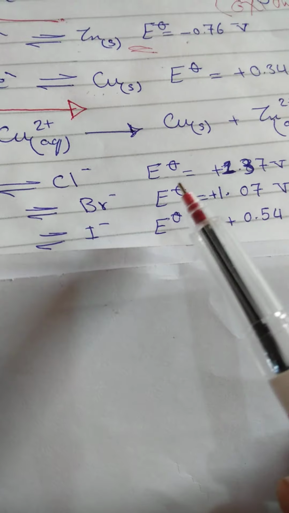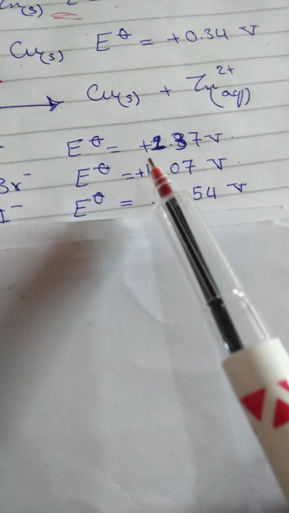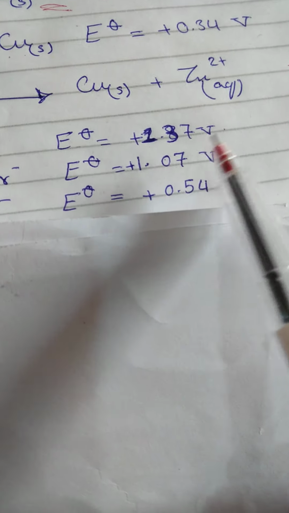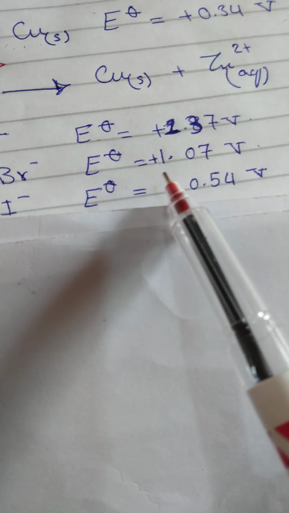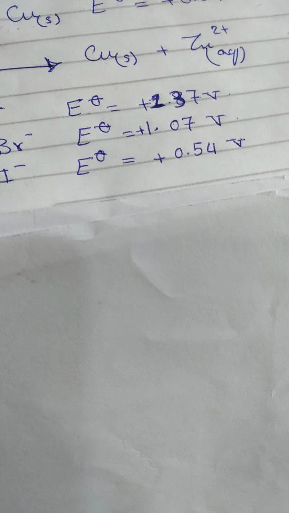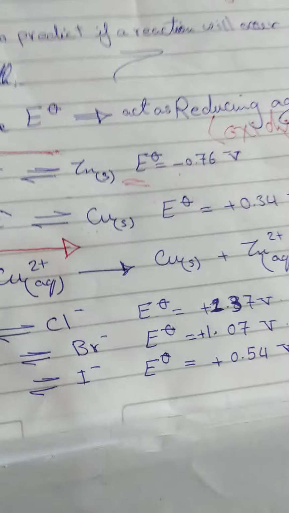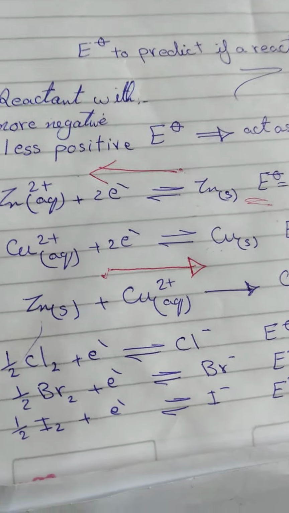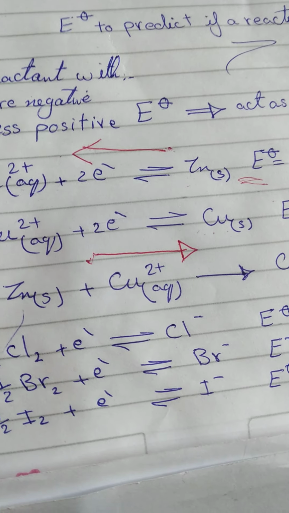If we look at the E standard for the chlorine system, it's plus 1.37 volt. For the bromine system, E standard equals plus 1.07, and for iodine it's plus 0.54 volt.